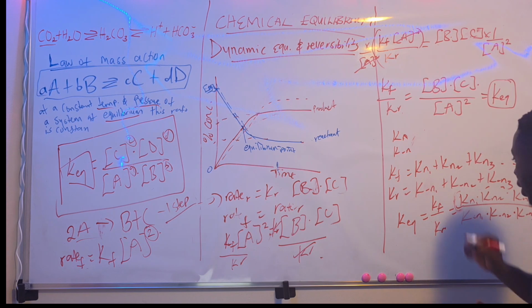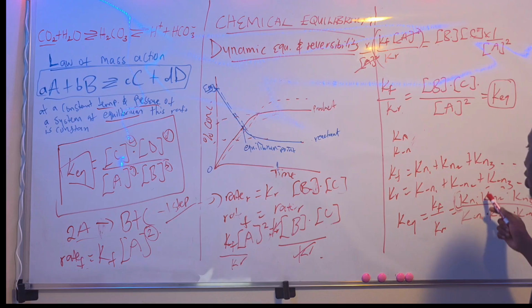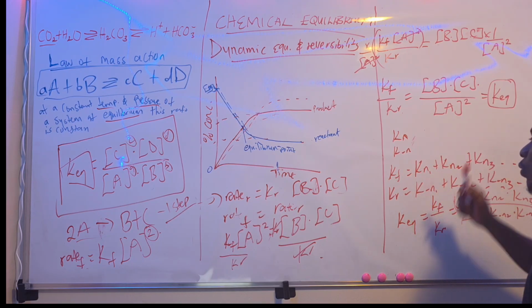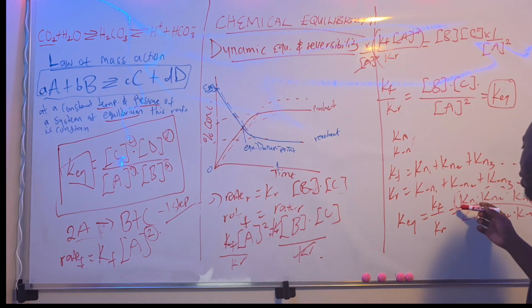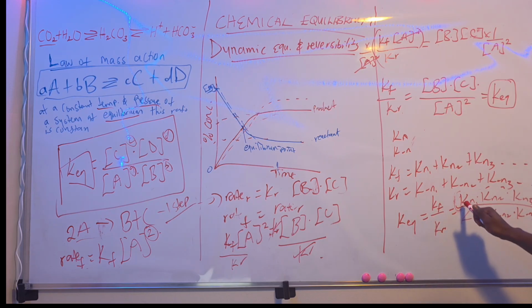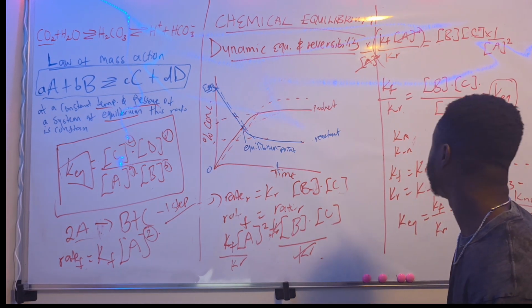So that would be the equilibrium constant if we have a reaction that has multiple steps, and you can calculate the Kf and then the Kn of all of those multiple steps. You could make an inference that if you do the vector multiplication of the forward reaction over the reversible reaction, you are going to get the equilibrium constant.